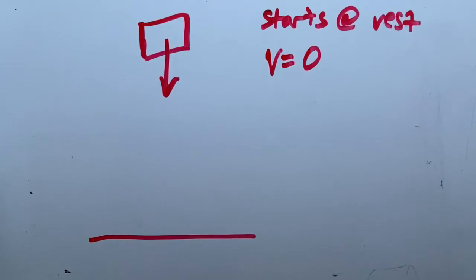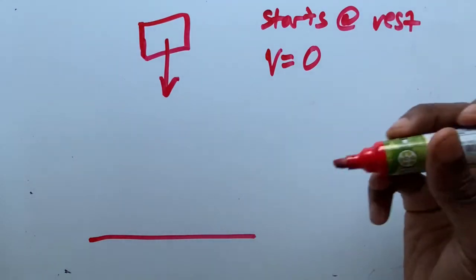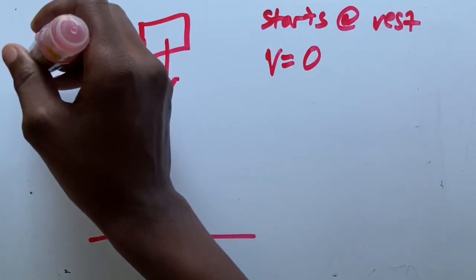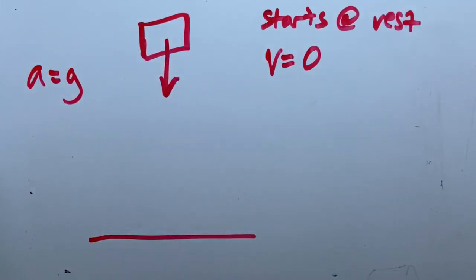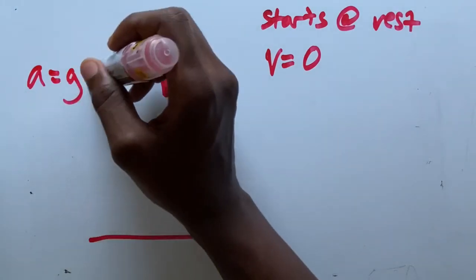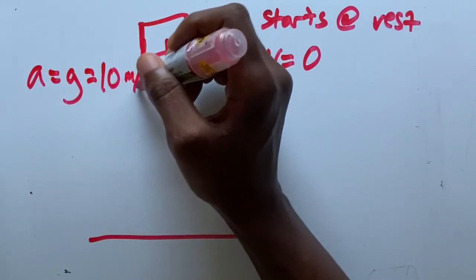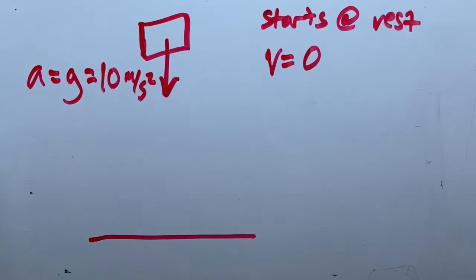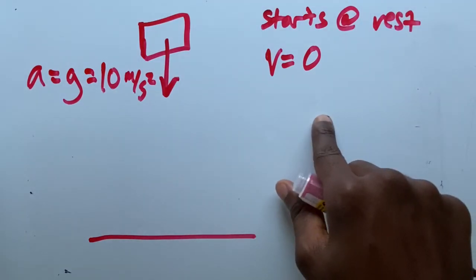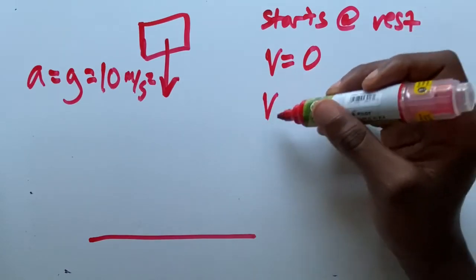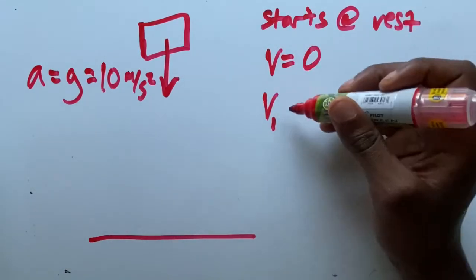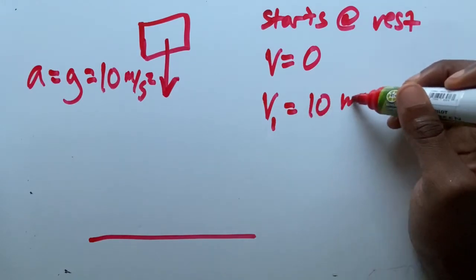One second later, just 1 second, how fast will this block be falling? Well, since we know the acceleration is equal to g, because it's in free fall, it's going to be 10 meters per second squared. And so 1 second later, the velocity is going to be, I'm going to write a little 1 right there for 1 second later, 10 meters per second.